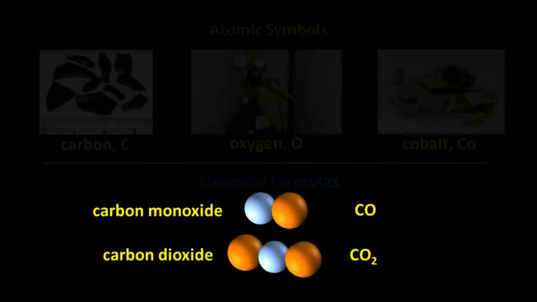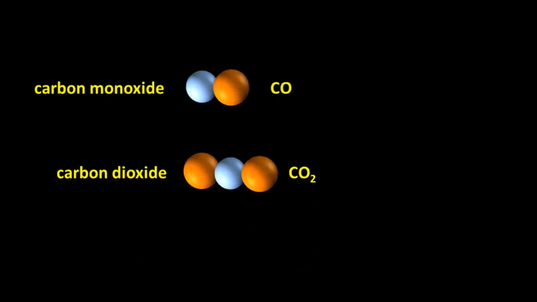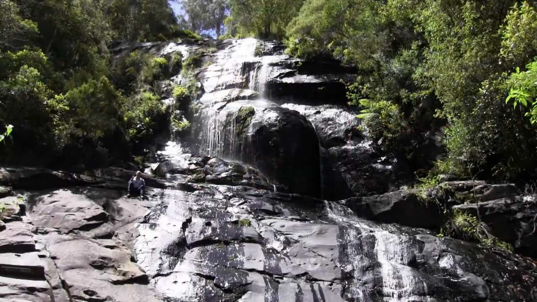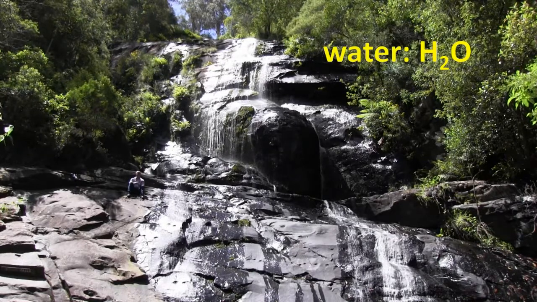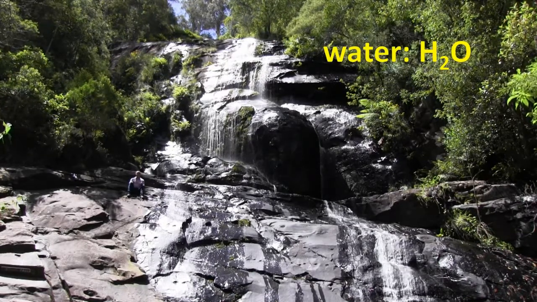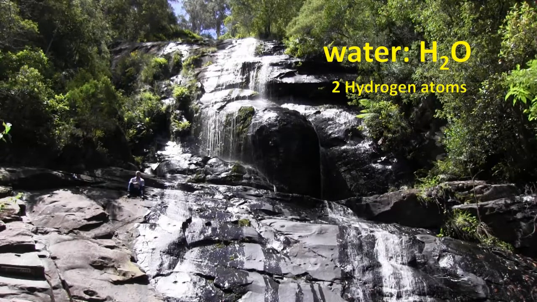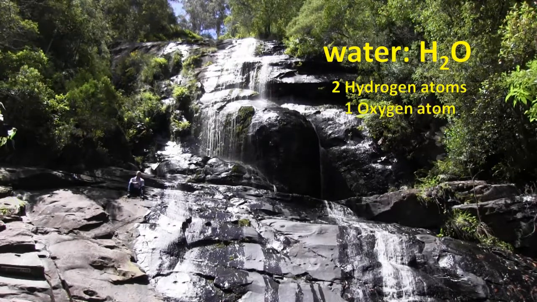Substances made of two or more different kinds of atoms joined together are called compounds. We'll learn more about the different ways that atoms stick together later on. The most well-known chemical formula, that of water, H2O, tells us that water is made of two hydrogen atoms bonded to one oxygen atom.